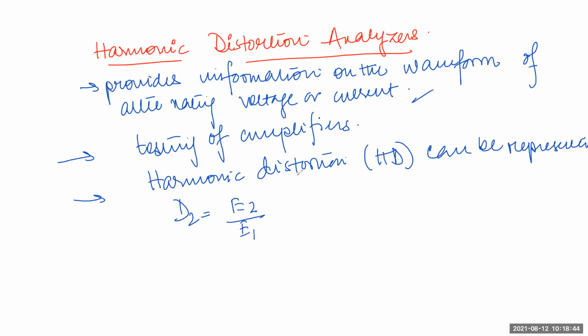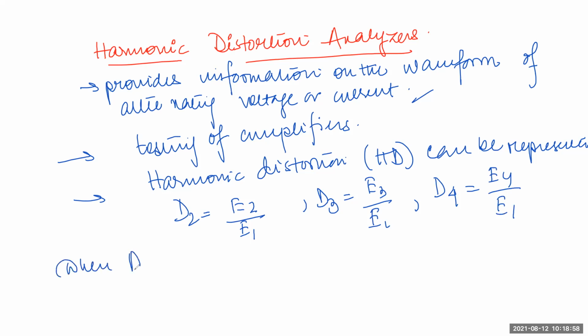I'm telling you what E2 and E1 are. Then D3 equals E3 by E1, and D4 equals E4 by E1. So you can say Dn equals En by E1, where n equals 2, 3, 4. It represents the distortion of the nth harmonic.